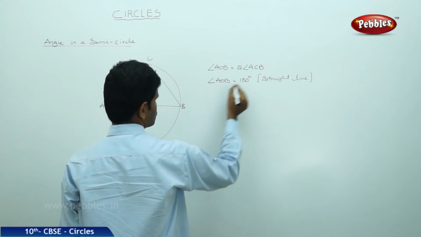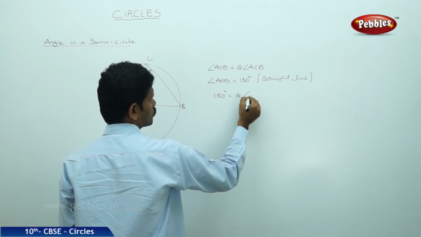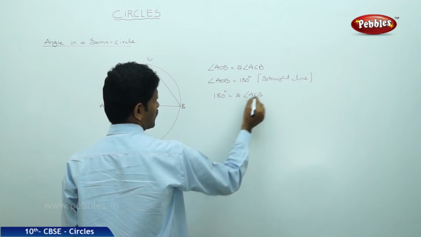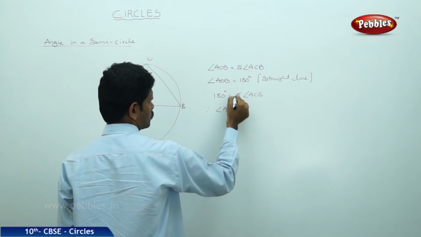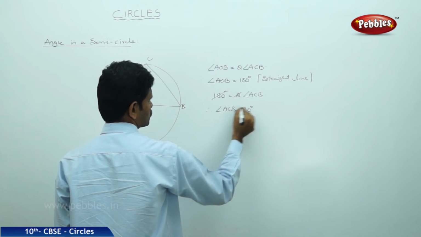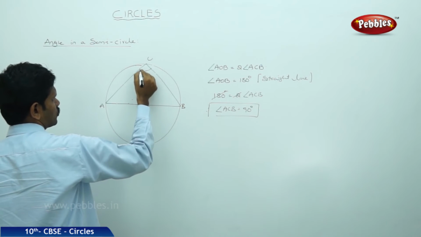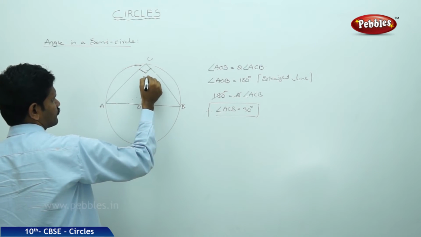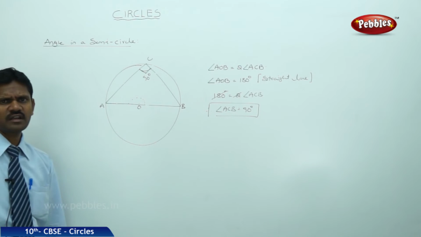Therefore, substituting in the above, 180 degrees is equal to 2 times angle ACB. Therefore, angle ACB is equal to 90 degrees. That is, angle in a semicircle is 90 degrees.